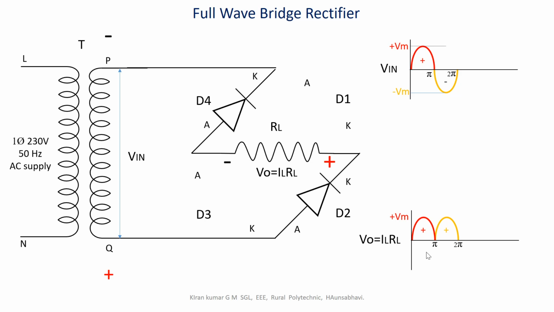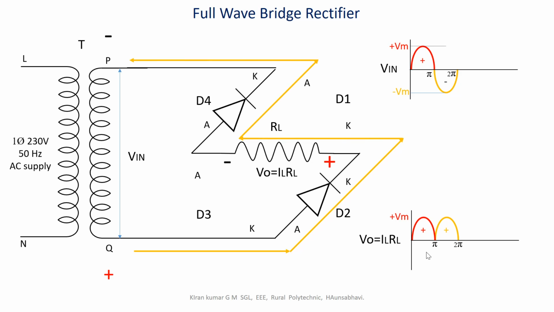Now the load current will be flowing from the positive terminal of the supply end Q through this diode D2, RL, D4 and back to this P as shown in the arrow direction in the yellow color. As in the previous case, the direction of the load current is unchanged through this load resistance RL from right towards the left and produces the voltage V0, which is equal to IL into RL in the same polarity as was produced in the previous half cycle of the input.